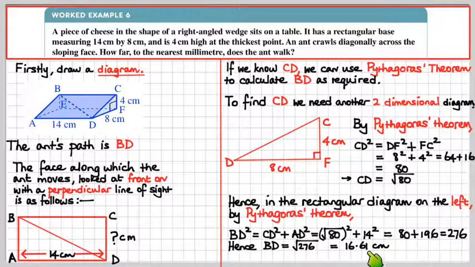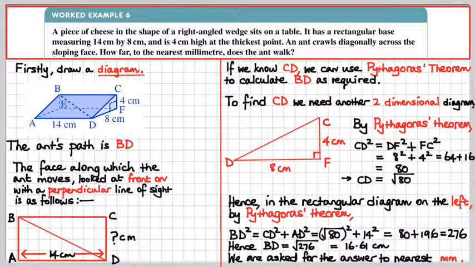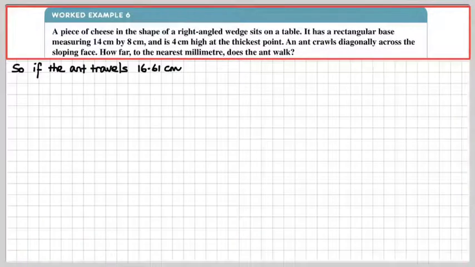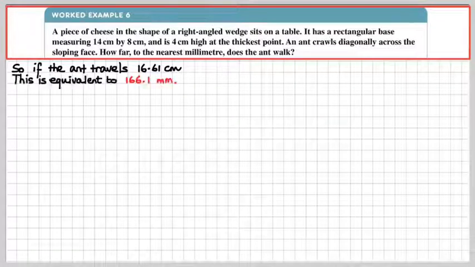Okay, now to get from centimetres to millimetres, you've got to multiply by 10, of course, because there's 10. Yes, that's what we're doing, guys, to the nearest millimetre. Now, if the ant travels 16.61 centimetres, that would be multiplied by 10. What do you get, guys?